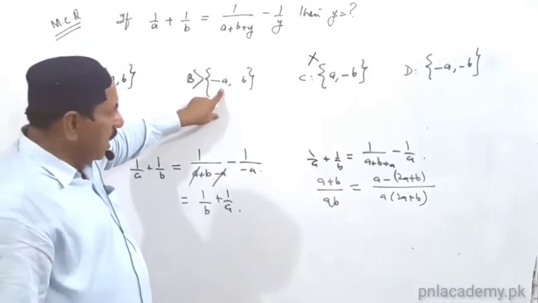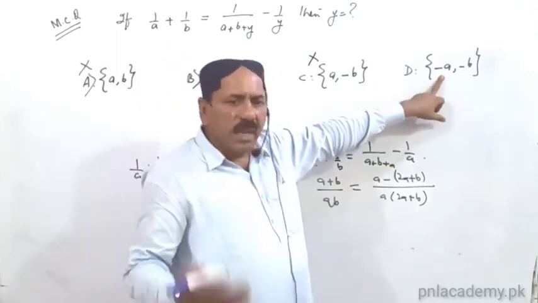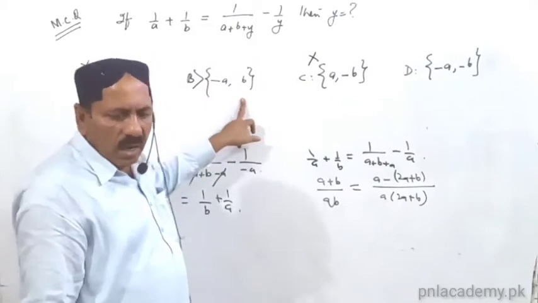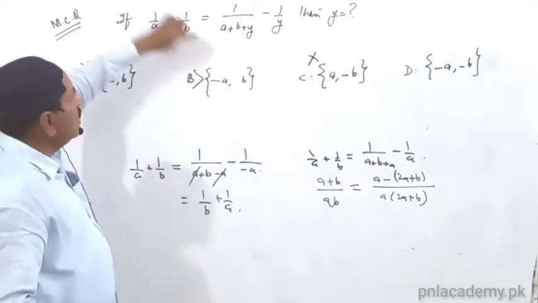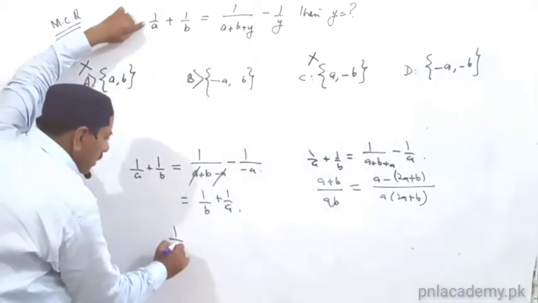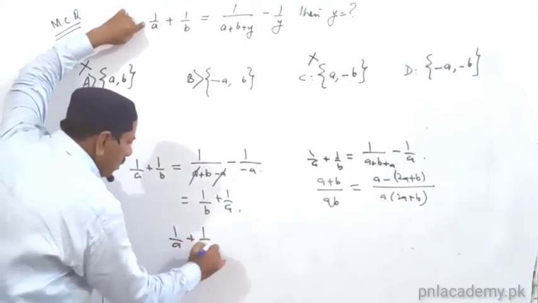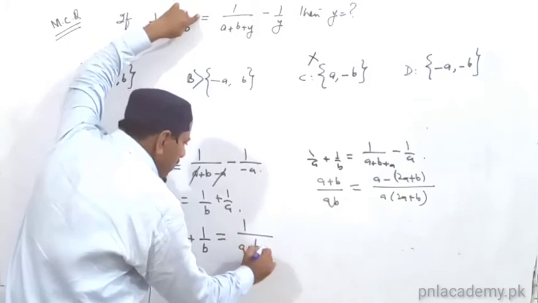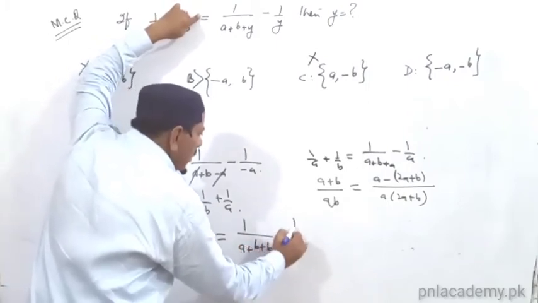If minus a is the correct answer, then minus a is also correct. So either minus b is wrong or plus b is wrong. After substitution of plus b, 1 upon a plus 1 upon b is equal to 1 upon a plus b minus 1 upon b.